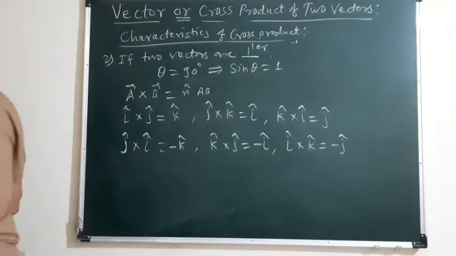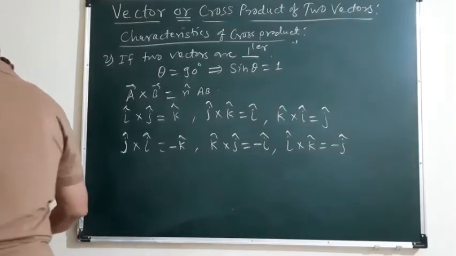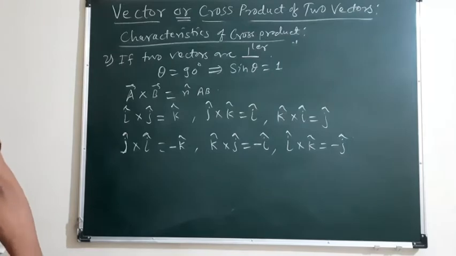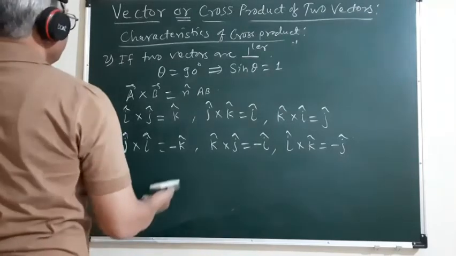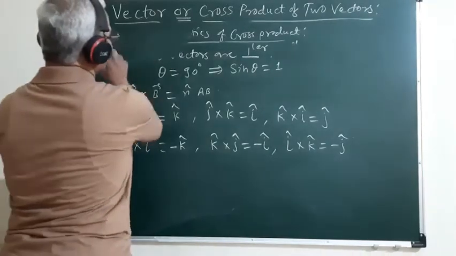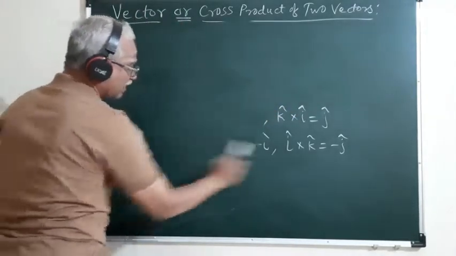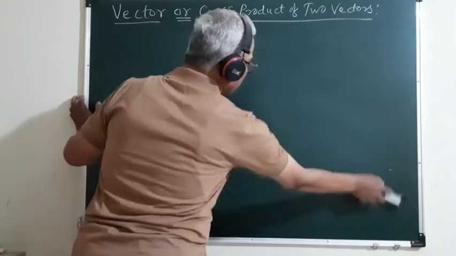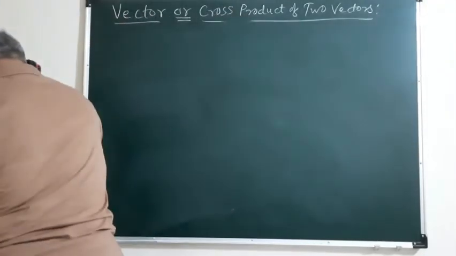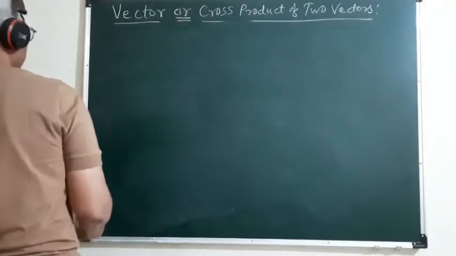Now we can evaluate the cross product of the two vectors in terms of their rectangular components.